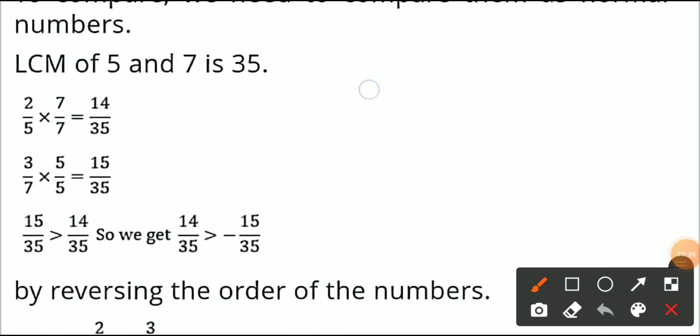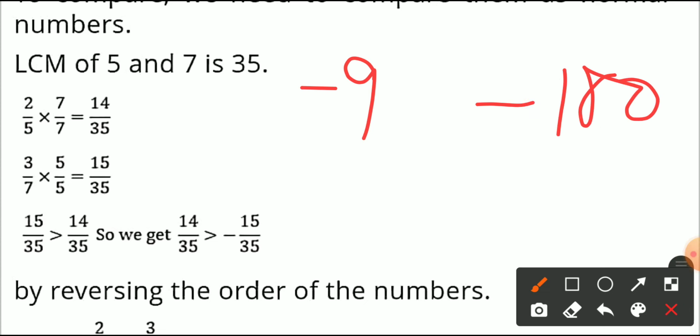For example, if I write -9 and -100, the greater number which contains the negative sign is smaller. So -100 is smaller than -9. I mean to say -9 is greater than -100.